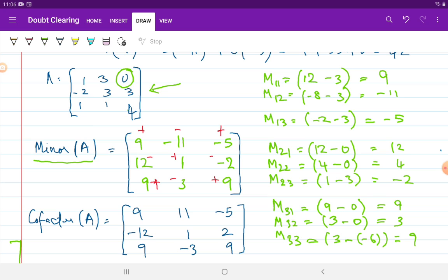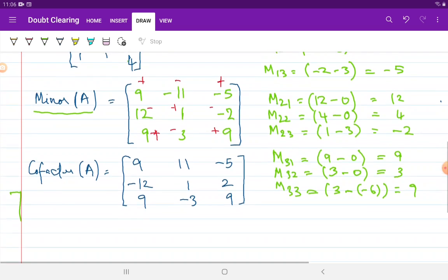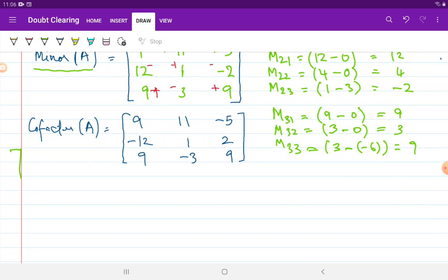Once you have found the cofactor matrix, the next step is to take its transpose. And the transpose of the cofactor matrix is called the adjoint of the matrix A. To take the transpose, you are simply interchanging the rows and columns of the matrix. So, the first row of this matrix is 9, 11, minus 5.